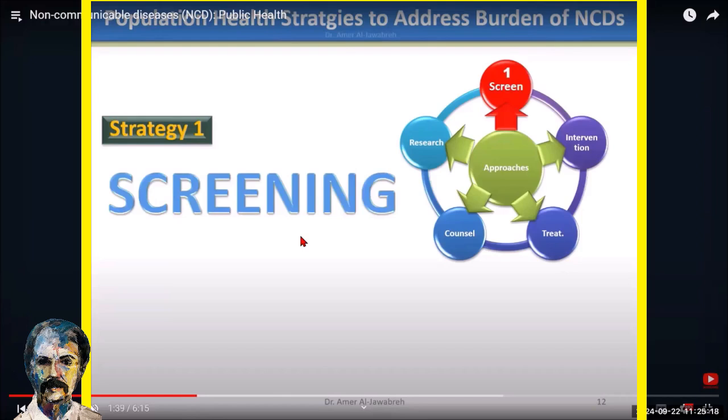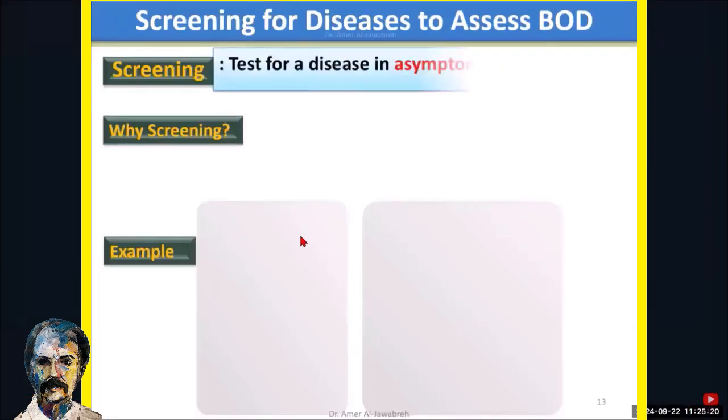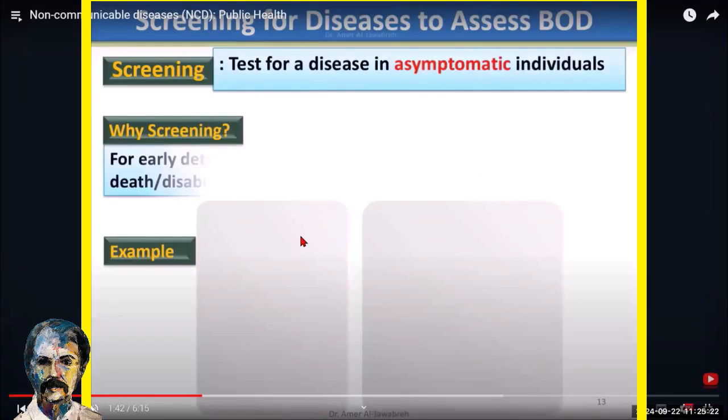Whom do we screen? Which people do we screen? Asymptomatic people, or I can say people at risk. Let's give an example. Breast cancer. We go for women, or the risk group, we call it. This is the risk group.